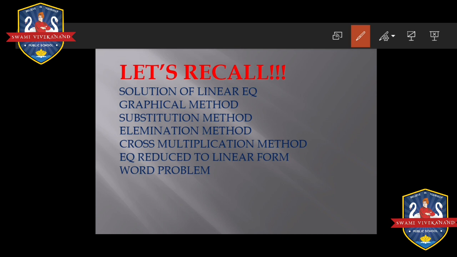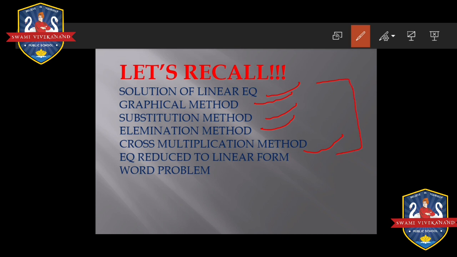Now you are able to tell me what is the solution of a linear equation, how we can solve a pair of linear equations with the graphical method, with the substitution method, with the elimination method, with the cross multiplication method, and you can tell me what is the difference between all these methods.